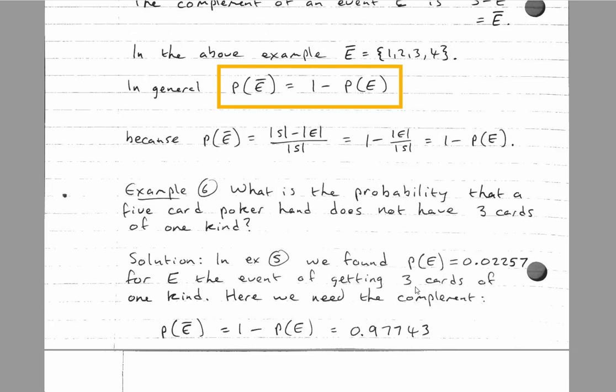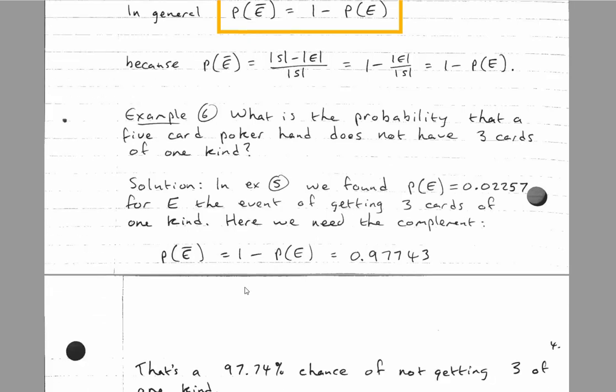Alright, so that's the probability of getting 3 cards of one kind. For this example, we need the complement, so the probability of that not happening, and that's just going to be 1 minus the probability of it happening. So 1 minus this is 0.97743.